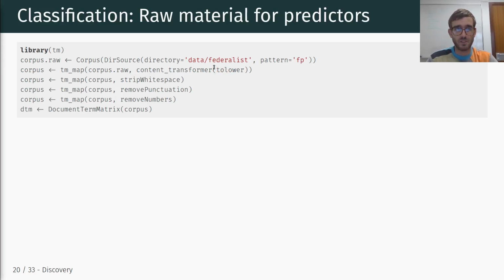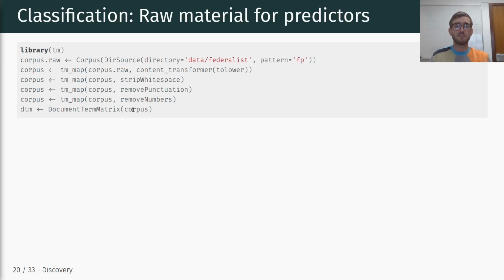That's the first transformation. Then we strip additional white spaces. We remove multiple white spaces, so to speak, so there are only single spaces between words. We remove punctuation, remove numbers because we're not interested in those, and then we convert this into a document term matrix, and that's one of the key basic data types that we encounter when we work with text data.